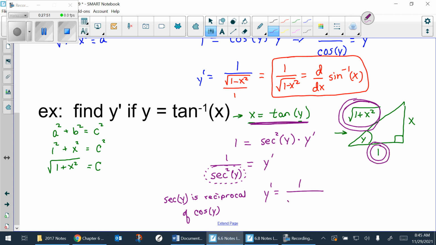The secant is the square root of 1 plus x squared divided by 1. But I'm supposed to have secant squared, so I better square that. And when I do, I get y prime is equal to 1 over 1 plus x squared.